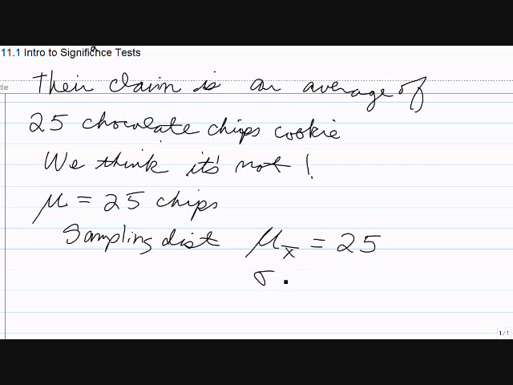The standard deviation of the sampling distribution, we're going to have to estimate using our sample. For our sample standard deviation we got 4.5, and we had a sample size of 52 cookies.